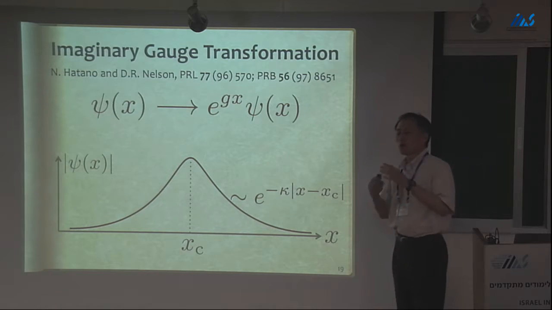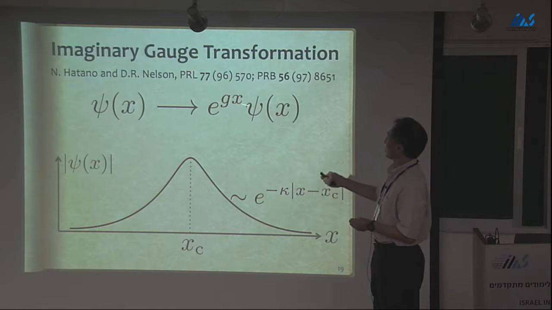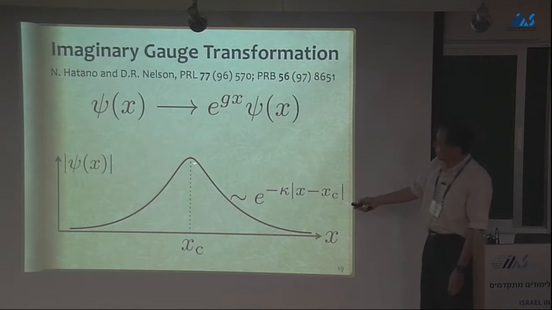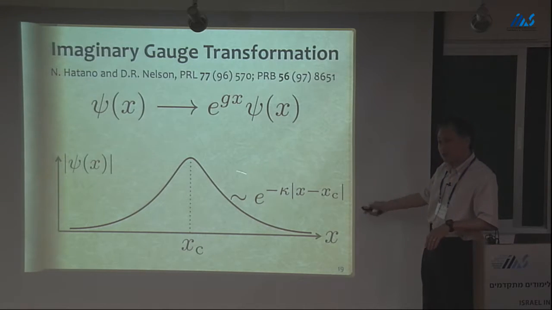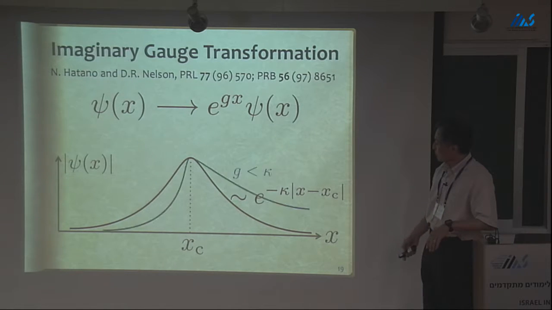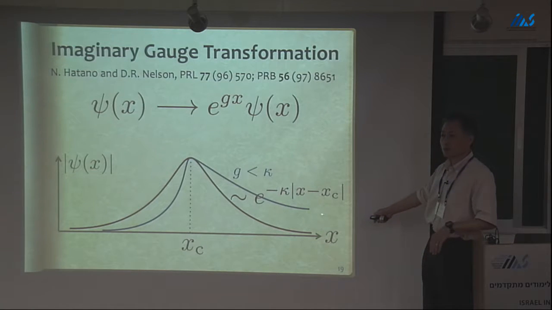Because we have to take account of the eigenfunction. When I made the gauge transformation to the Hamiltonian, I also changed the wave function, adding this term. As I said, the localized wave function looks like this, and if I make this transformation, then when g is smaller than kappa, the wave function is actually still normalizable.